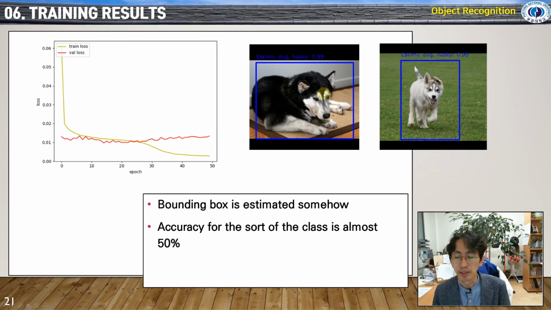Mostly this model estimated lots of dogs as Eskimo dog, not the Leonberg. Okay, so there are some problems.